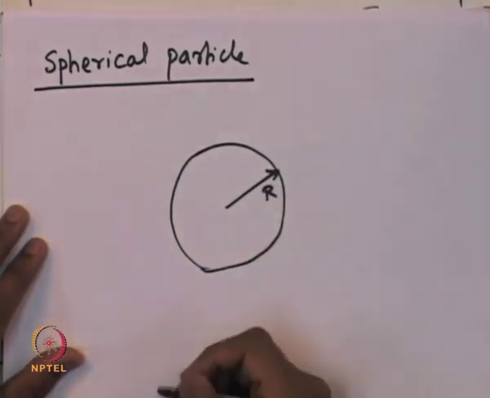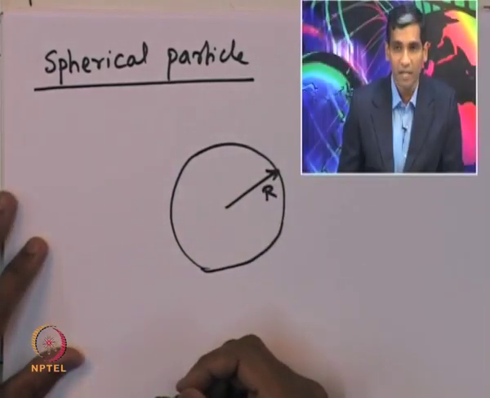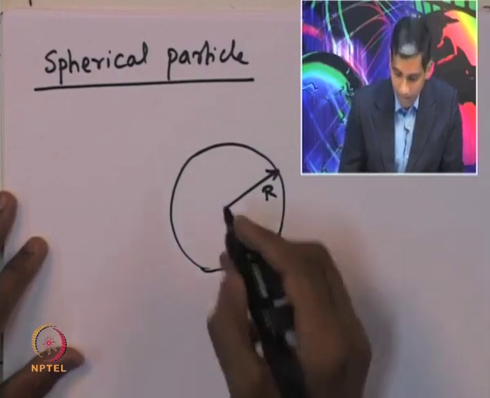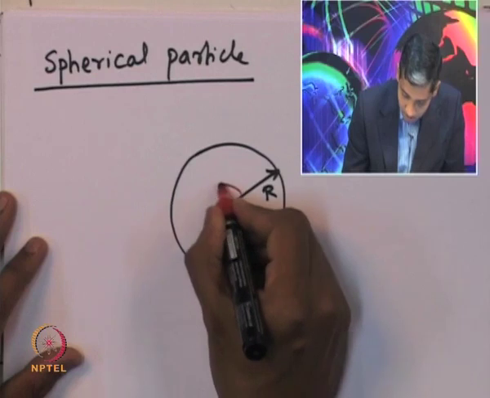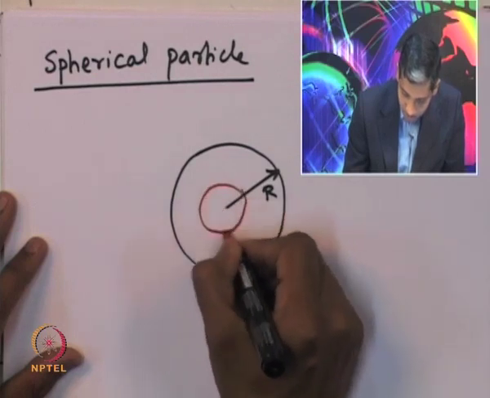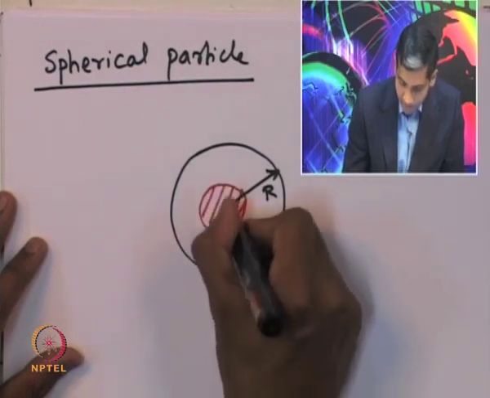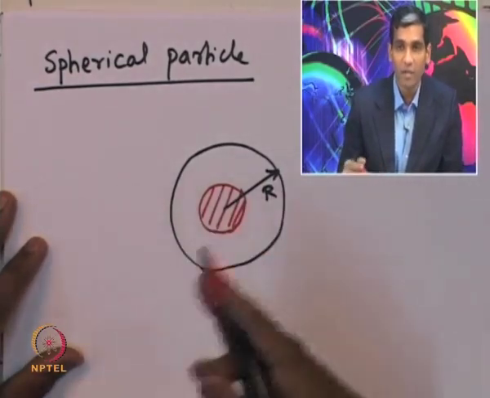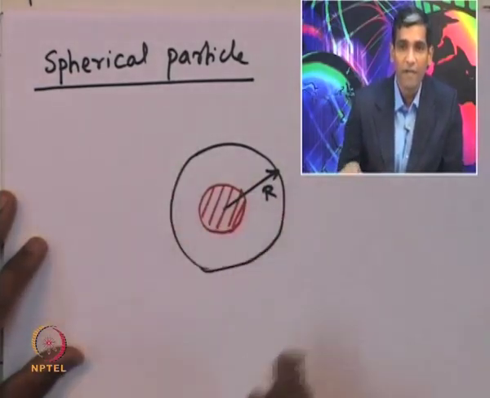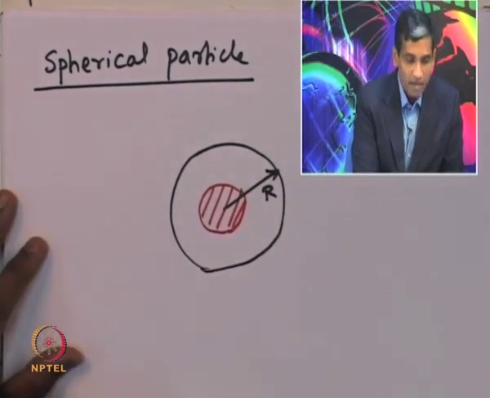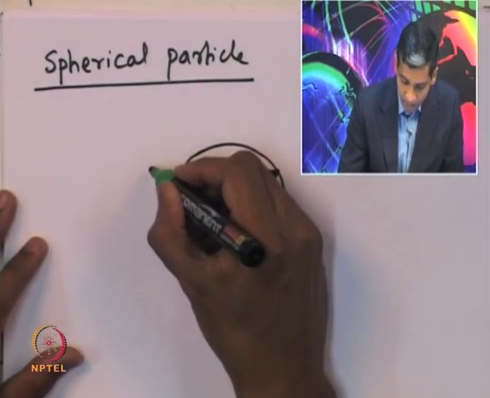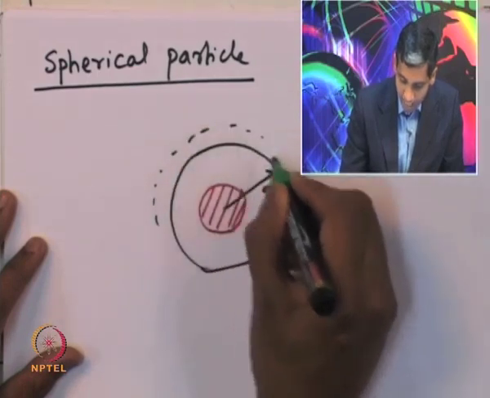That is the initial core that we started with, and let us assume that the unreacted core is present somewhere here, concentric with the periphery of the spherical particle. And if we assume that there is a gas present outside, then there will be a small gas film.